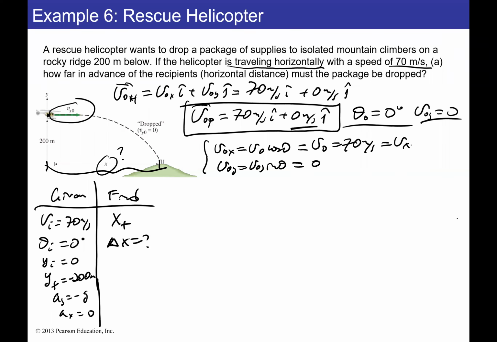If initially it's 70 meters per second, it's always going to be 70 meters per second. Initially in the Y direction, there's no velocity because it's a zero launch angle projectile. Okay. Now, how do I find delta x? Well, it's simple. There's one equation, Vx times time, and I have Vx, 70 meters per second. Well, the only problem is I don't have time.